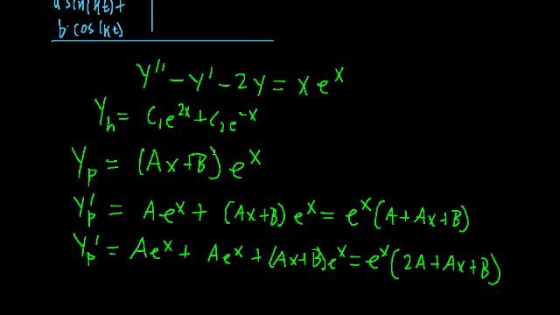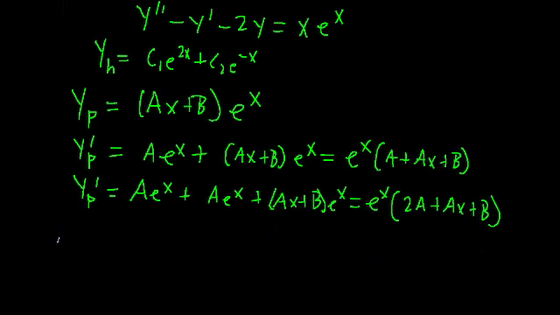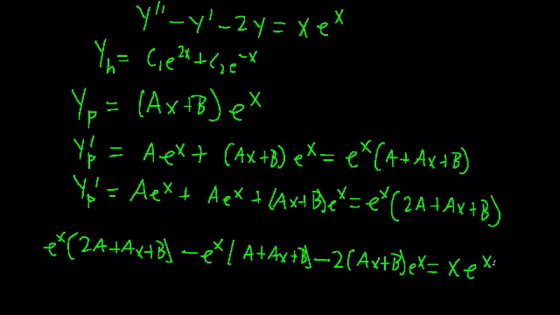Now let's plug all of these into the differential equation, and we get the second derivative, e to the x times 2a plus ax plus b, minus the first derivative, a plus ax plus b, minus 2 times ax plus b times e to the x. All of that is supposed to be equal to just x times e to the x.